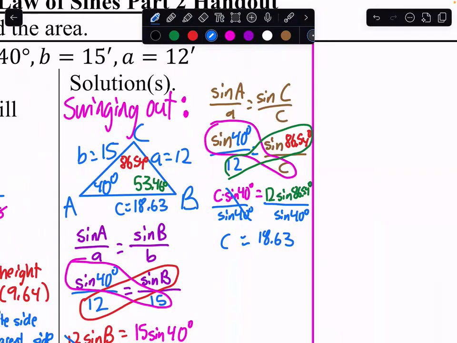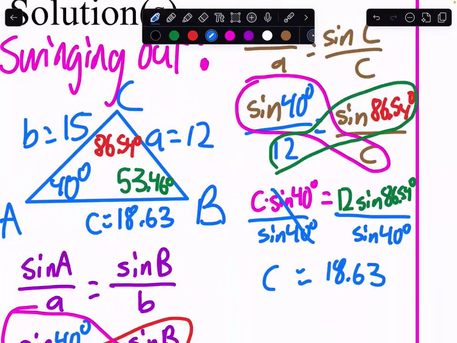There are a lot of places, obviously, where we could have made a mistake, so it's really important that we always take like 10 seconds to check our three triangle theorems. First, do the three angles add to 180 degrees? This doesn't take long at all to check. 40 plus 86.54 is 126.54 plus 53.46 equals 180. So first one works.